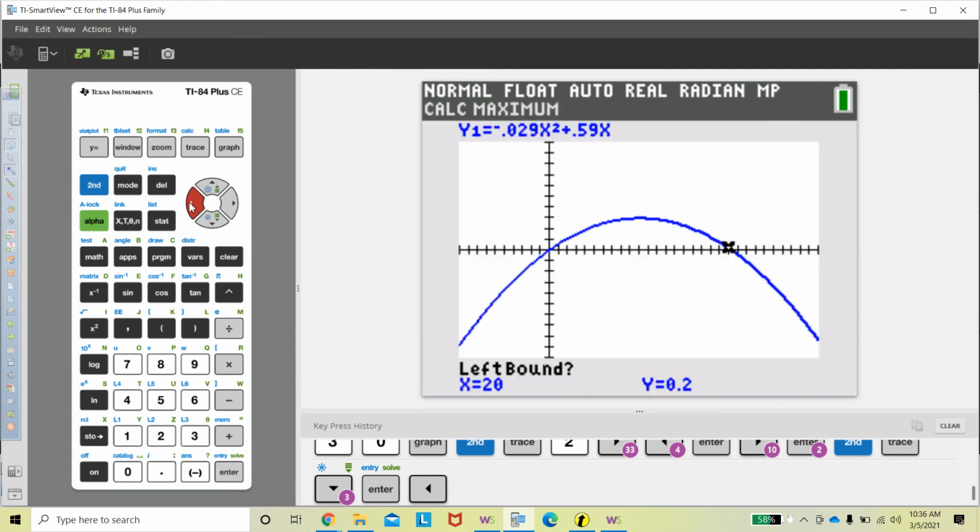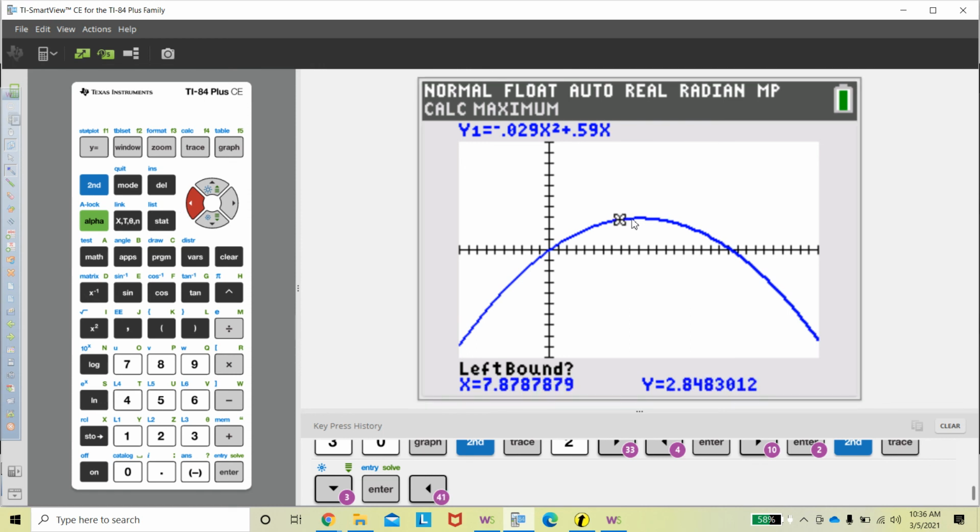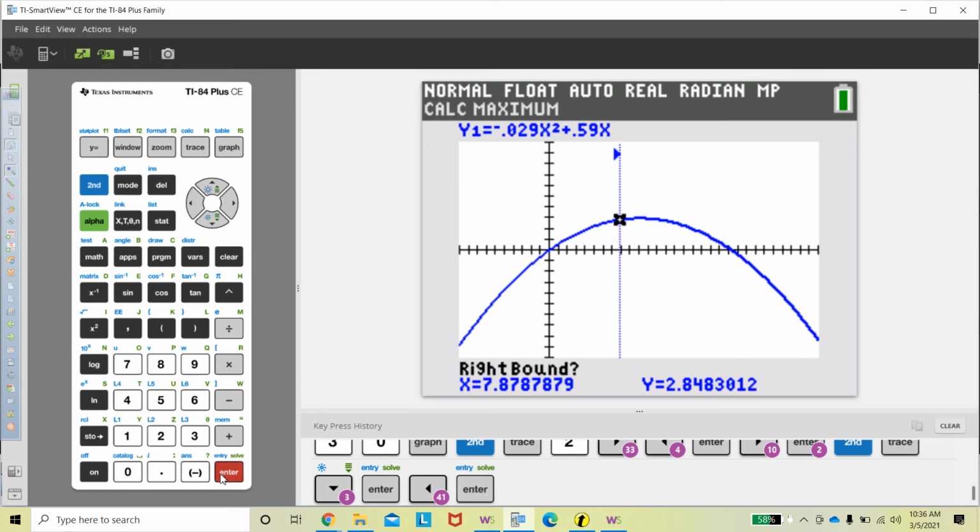Left side of the vertex. You guys can hold your button down. I look for this tiny little flat spot, and I just want to be on the left side of that flat spot. Hit enter, move right, right side of the little flat spot. Enter guess, enter once more. So that frog jumped 3 feet high, right?